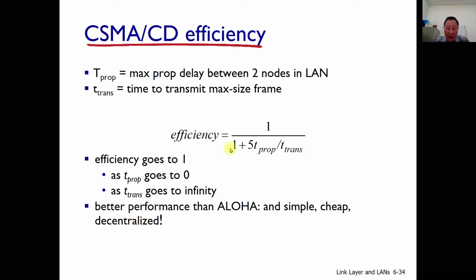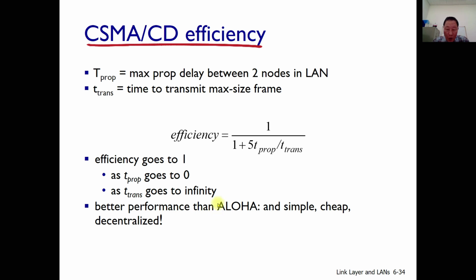That's too bad, but the efficiency will be increased to 1. If this one is infinity, then this will be 0, then this one will be 1. In that sense, even though that is not fair, the utilization will be increased to the maximum value of 1.